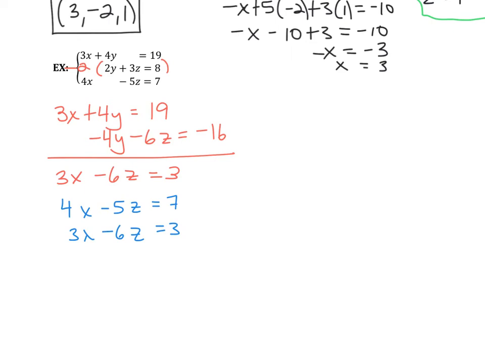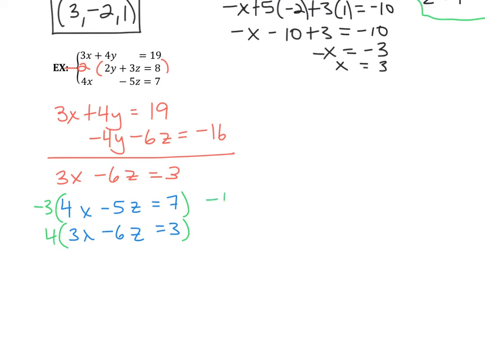And again, you know what to do when you get to something like that. So let's say I decide to eliminate the x variable. Let's say I multiply this equation by a -3 and this one by a +4. All right, so I'll write it over here.